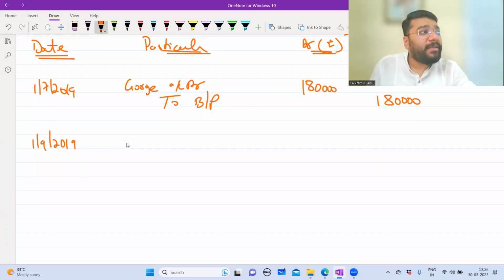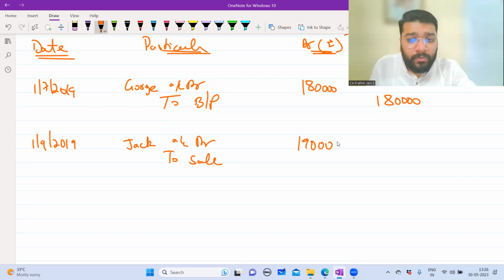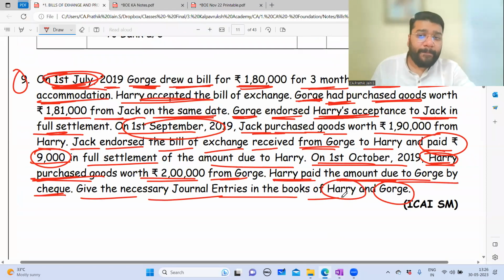For Harry, it is a sale. He is selling the goods to whom? Jack. So we have to receive money from Jack. So Jack account debit to sale. What is the value? 190.